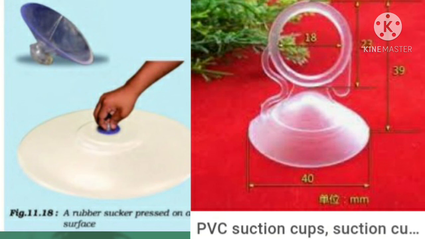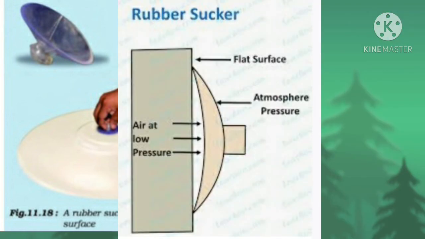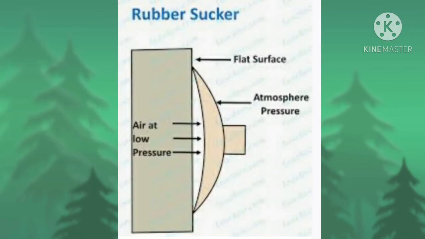So children, when we press the rubber sucker on a flat smooth surface, its concave rubber cup gets flattened to a large extent, pushing out most of the air from beneath it. Since very little air remains inside the flattened rubber sucker, the air pressure inside the rubber sucker becomes very low.